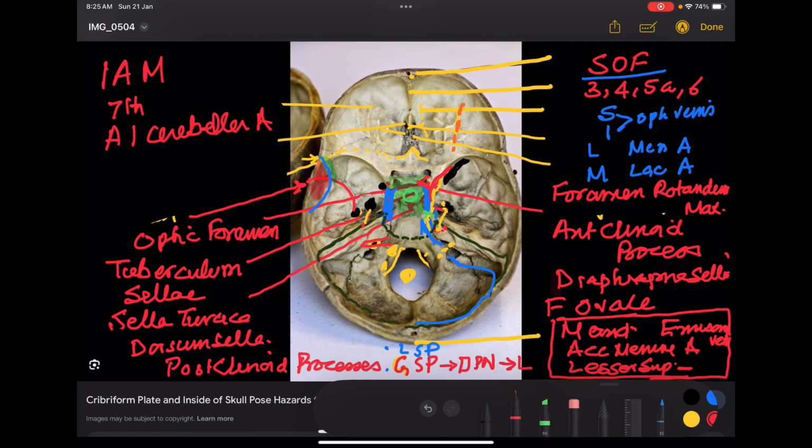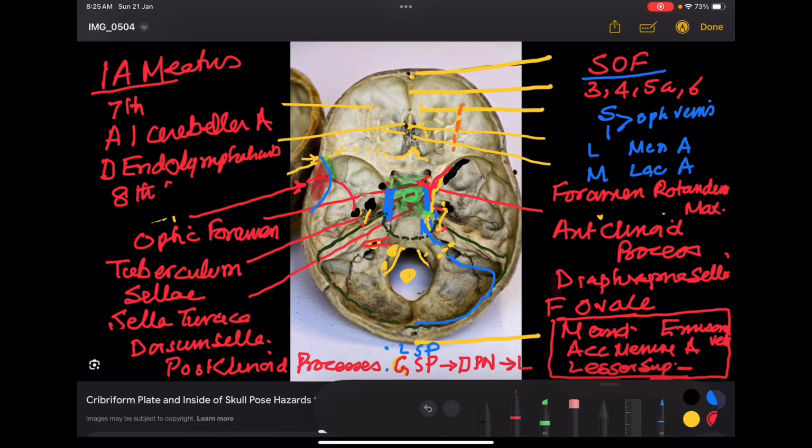Then you have the ductus endolymphaticus, which supplies the fluid supply in the internal ear. And you have the eighth nerve, the vestibulocochlear. So these are the structures that enter the internal acoustic meatus.